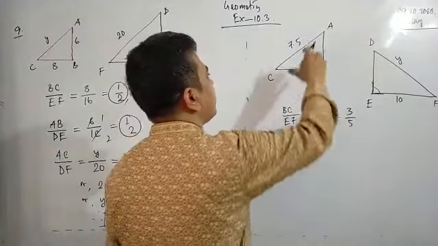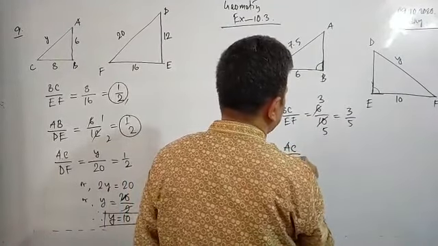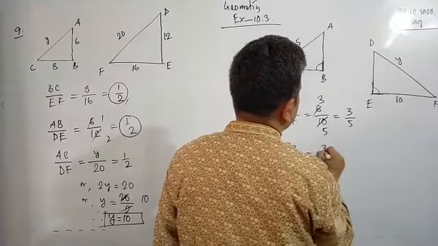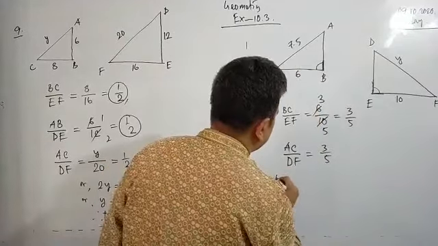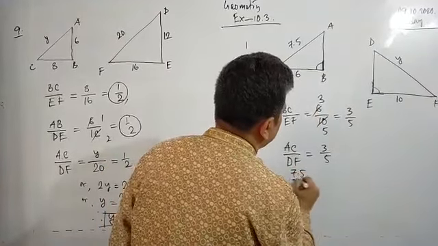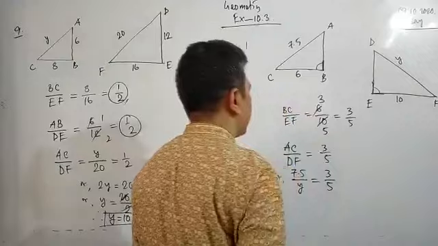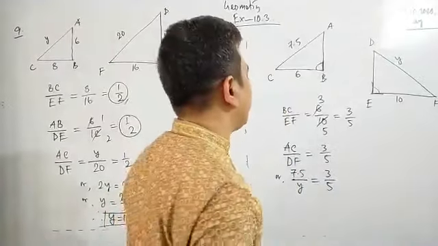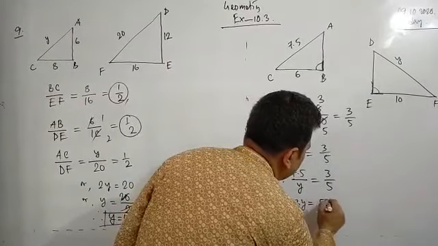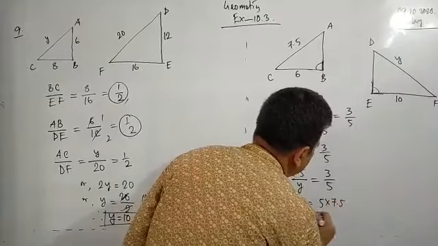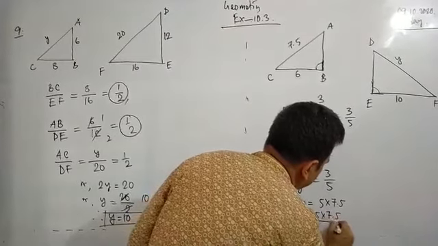The same way we can take the AC side. AC by DF is equal to 3 divided by 5. We can consider it this way, and AC equals 7.5 and DF equals y. So we can take 3 divided by 5. If you cross multiply, easily you can find the value of y. So 3y equals 5 into 7.5, and y equals 5 into 7.5 divided by 3.